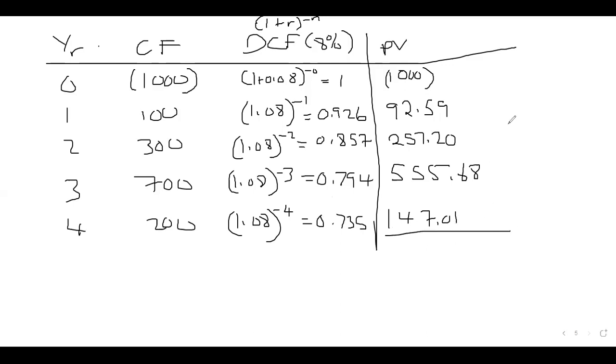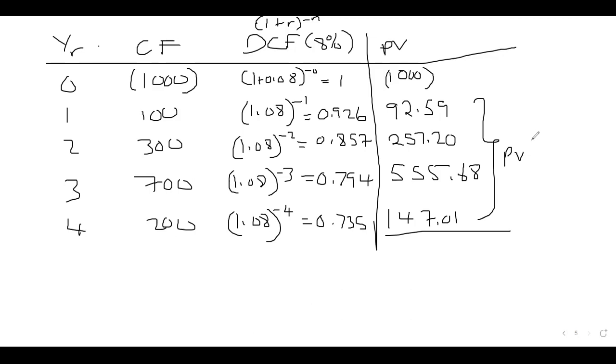All right. So the sum total is what we call the net present value. So these figures here, you can add them if you want. These are called the sum total of the present values. So 92.59 plus 257.20 plus 555.68 plus 147.01.